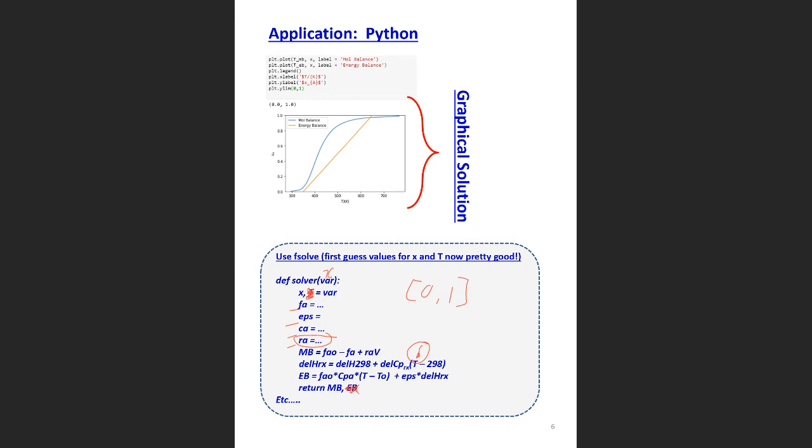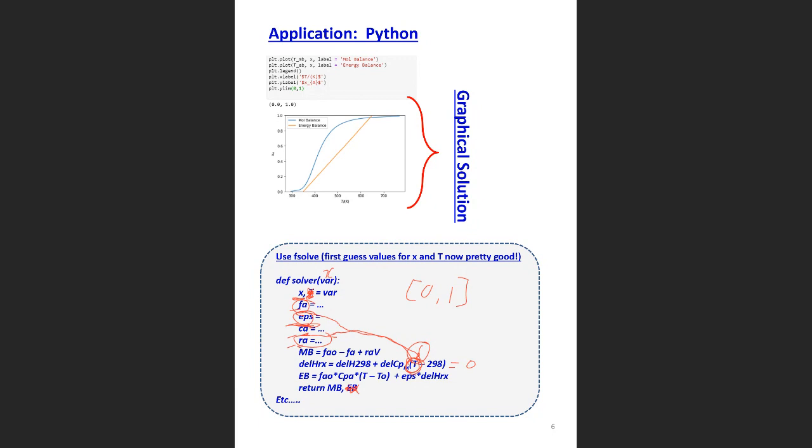Instead of returning the energy balance like this, where it's equal to 0, do some algebra and make temperature the subject of your equation. Once you have guessed an X value, you can calculate an FA, you can calculate an epsilon, and then you can make temperature the subject of that energy balance and use an algebraic equation there to calculate temperature and then your rate.